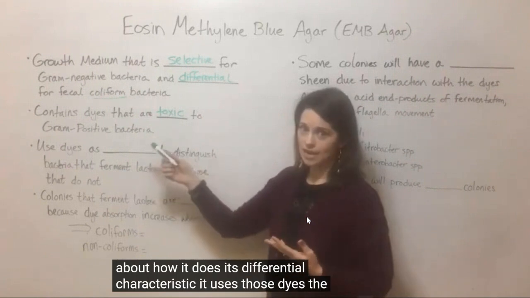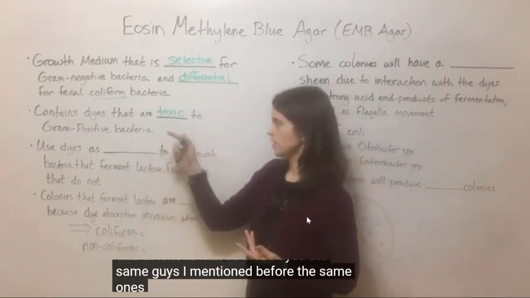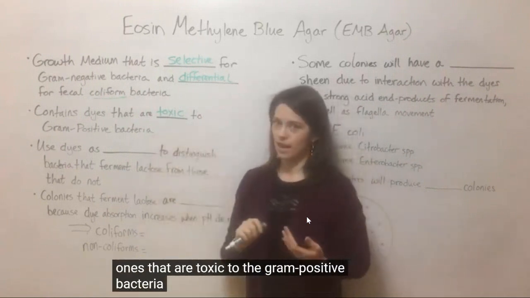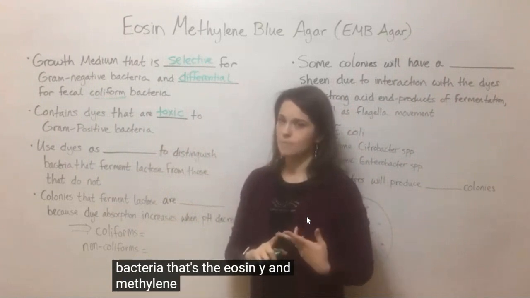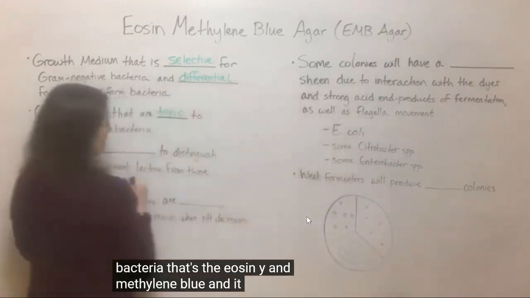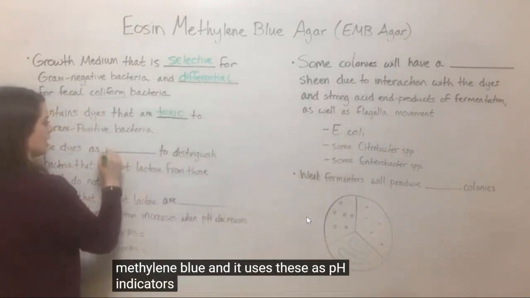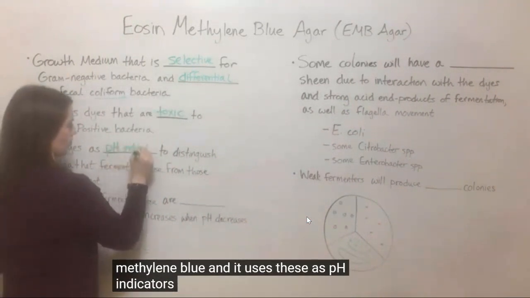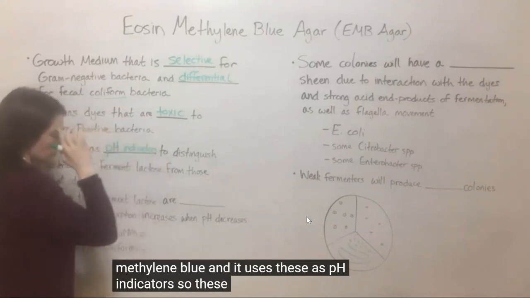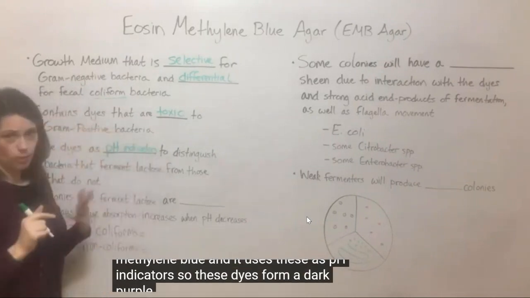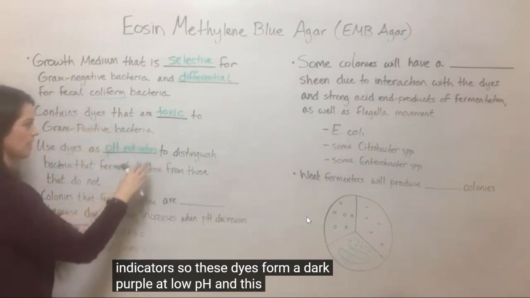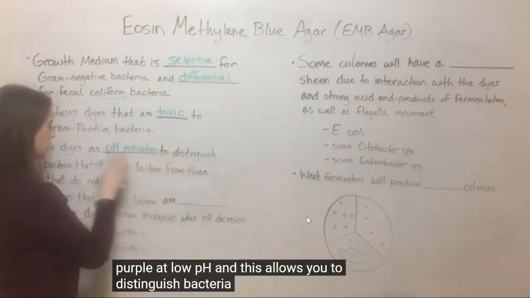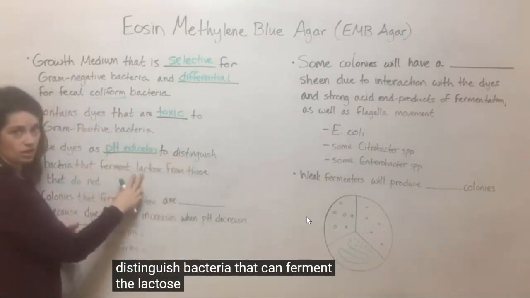It uses the same dyes I mentioned before, the ones that are toxic to the gram-positive bacteria. That's the eosin Y and methylene blue, and it uses these as pH indicators. These dyes form a dark purple at low pH, and this allows you to distinguish bacteria that can ferment lactose.